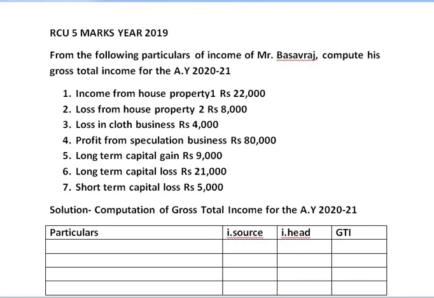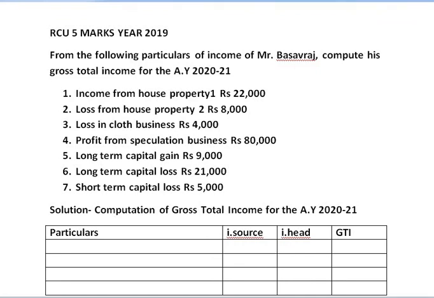Though these questions appeared in the year 2018 or 2019, I have kept the assessment year as the present one, that is 2021. In the question paper, you will find a different assessment year because it is as per that year's question paper. But as we are solving these questions now, I have changed the assessment years to 2021.